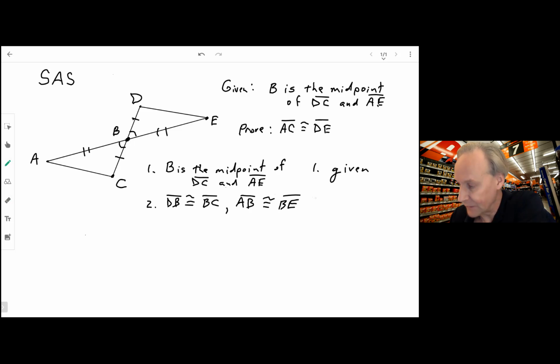And I'm using the same logic in both cases. I'm saying that I'm using the definition of midpoint. Midpoint says that you're in the middle. Now, most geometry books would start with the sides are equal, and then that means that they're congruent by definition of congruence. But I would just say they're congruent because B is the midpoint, and that's what it means. And we're talking about the definition of midpoint.